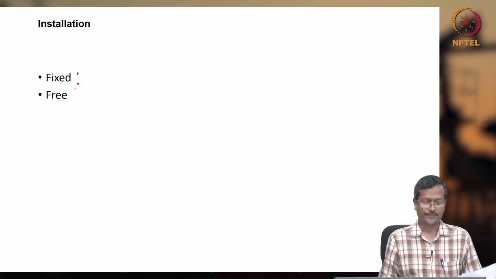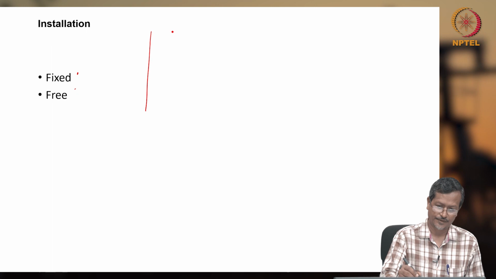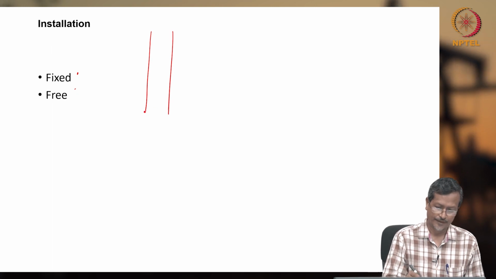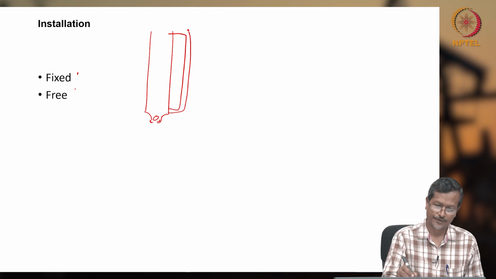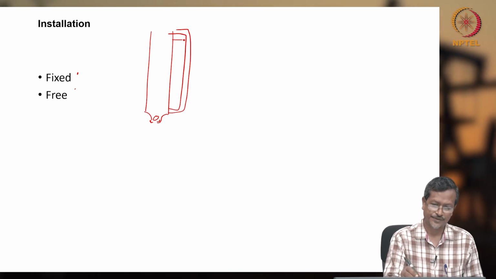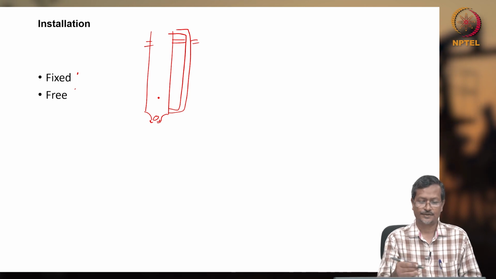In free type, the system will look like this. You have one tubing, and you have one bottom valve here, a standing valve, and you have another tubing or flow line going to the surface. Let's say initially there is no pump.